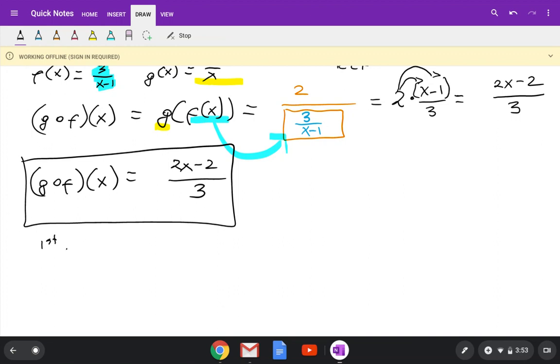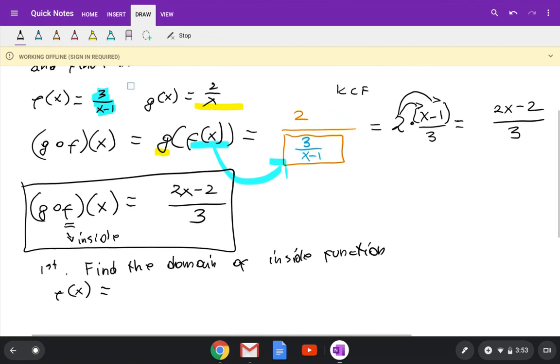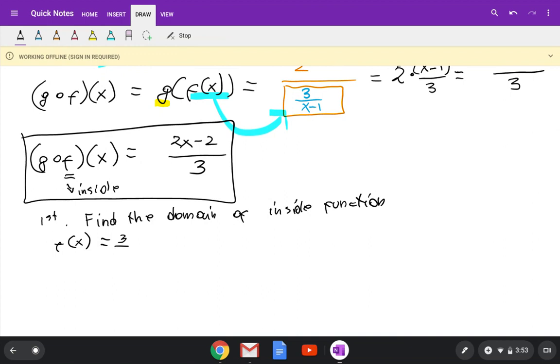So first, find the domain of the inside function. Our inside function is function f. Okay, that's inside. So f of x has the equation 3 divided by x minus 1, and you need to find the domain of the inside function. You see a fraction, which means a rational function, so take the denominator and make sure it's never equal to 0.